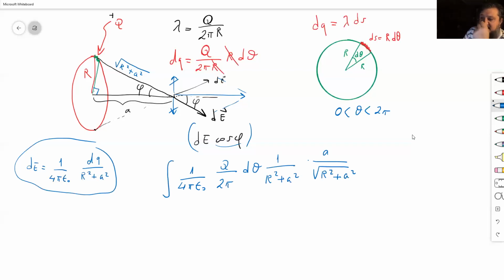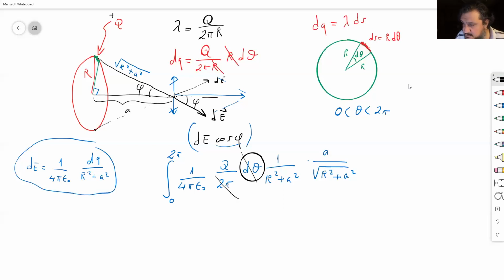This time the integral is even simpler because I'm not integrating over r or a. These are constants. I'm only integrating over theta from 0 to 2 pi. The integral will be simply 2 pi, which will get rid of that 2 pi.